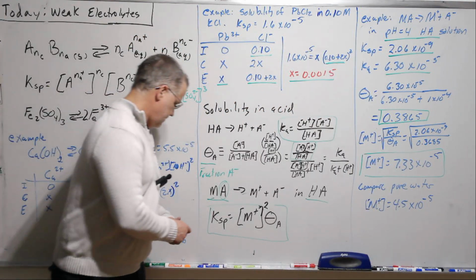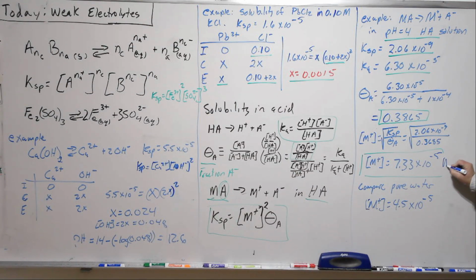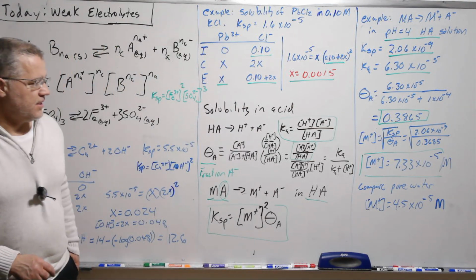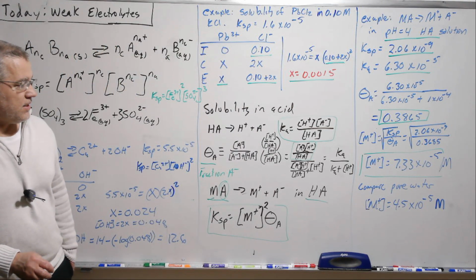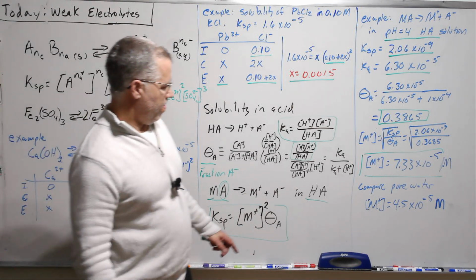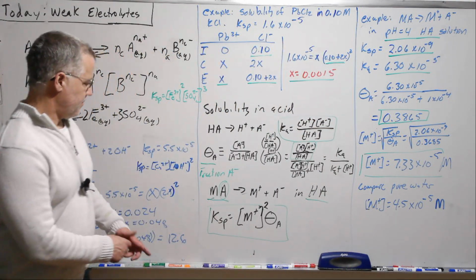I should probably be careful and put the units on here. Now let's compare that with pure water, and we see that we get an increase in the solubility by a little bit. In pure water, we would get 4.5 times 10 to the minus 5 molar.